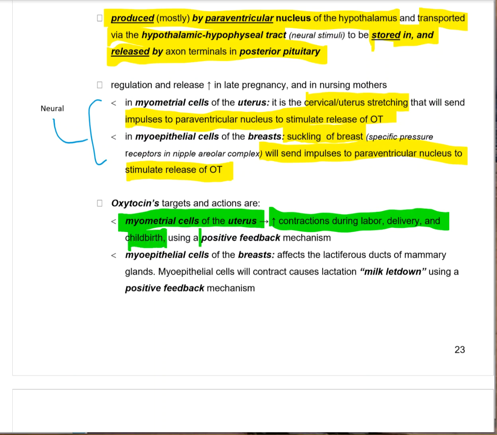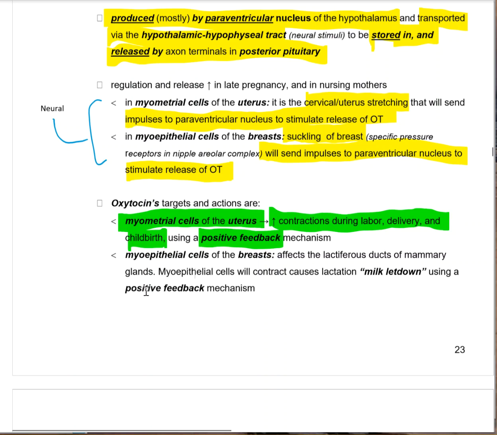And this is a positive feedback. So the more stimuli of oxytocin on these, the more contractions, and that will increase during the labor and delivery process. And only once the child is born do these impulses up here stop, because the uterus and cervix isn't stretched anymore, and then therefore we will not release oxytocin anymore.